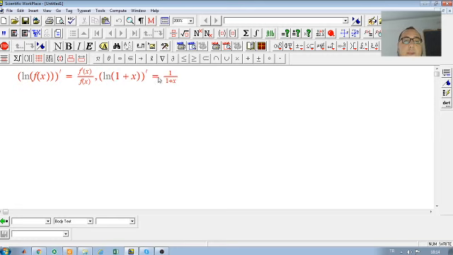The derivative of 1 plus x is equal to 1, and we write the function itself in the denominator.